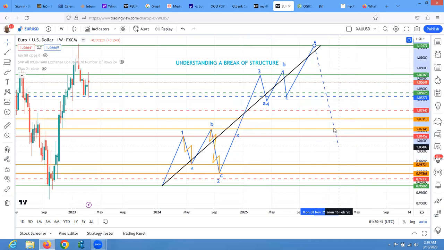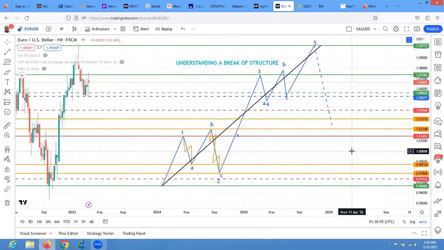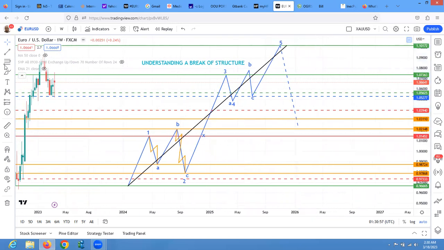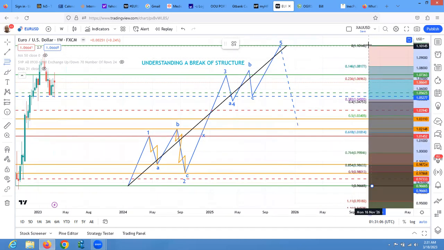They're going to do an ABC after a 5 wave, an ABC, which should not go beyond, most of the time, 50 to 61.8 retracement. And when you are doing a retracement and you want to count this retracement, you take it like this, from 100 to 0 here.